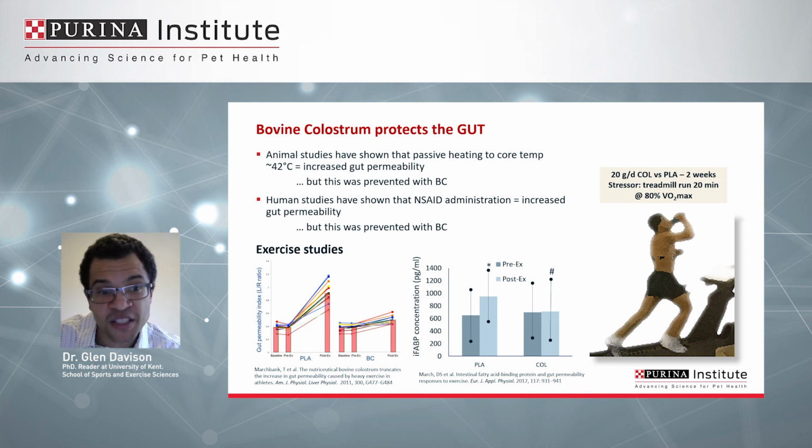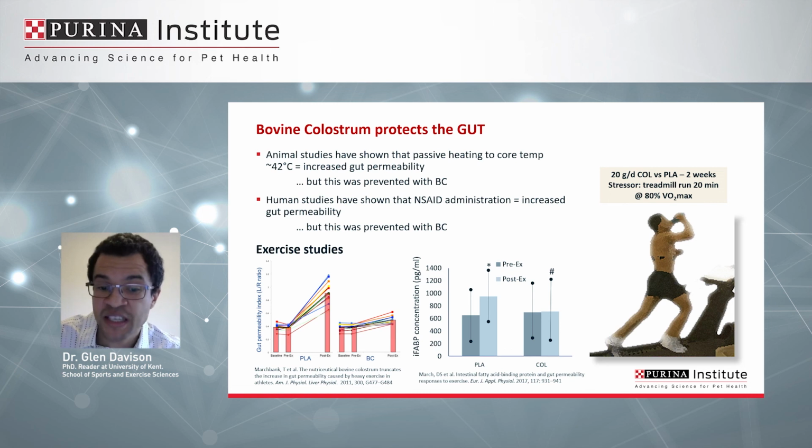So the graph that you can see in the middle there from March and colleagues in 2017, this basically did something very similar. This marker, however, is a marker in blood which is released from cells of the gut when they are damaged. So the higher this marker, the higher the amount of damage that has occurred directly to these gut cells.